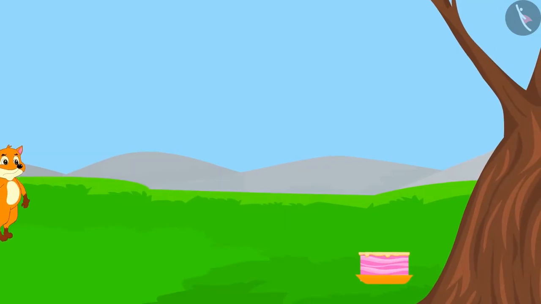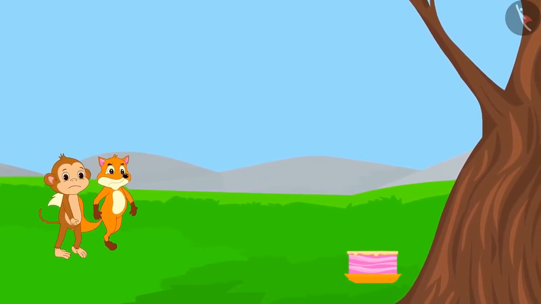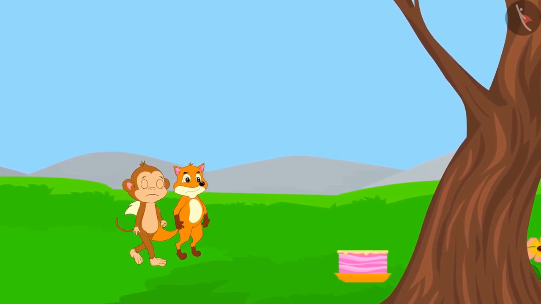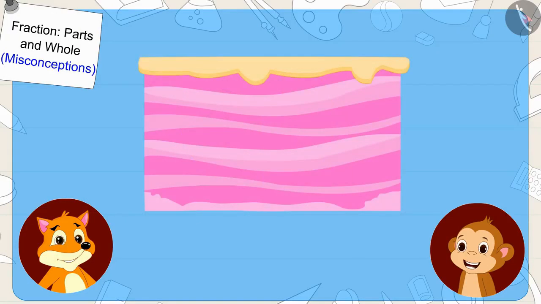Now, while searching for the way out, they found such a rectangle-shaped cake. The cake was quite small. Babban understood that the fox had divided the chapati in unequal parts. So this time, he told the fox that she would have to make equal parts of the cake.